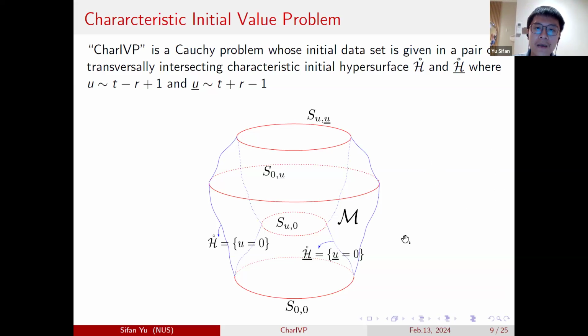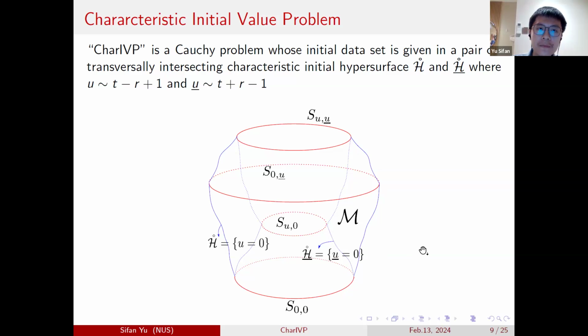If you look at this picture, we have this blue line, which we denote by H ring, an outgoing null hypersurface. This is the outgoing initial null hypersurface on which we are going to impose our data. We also have another incoming null hypersurface, which we denote by H bar ring. We will pose the initial data on H bar and on H, and we try to consider the solution in this characteristic diamond.